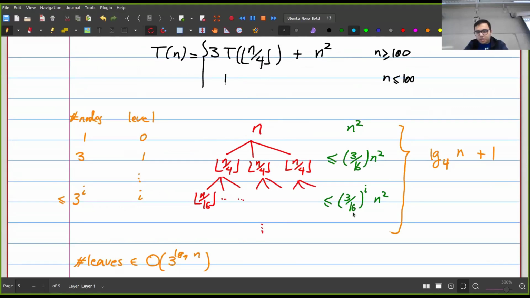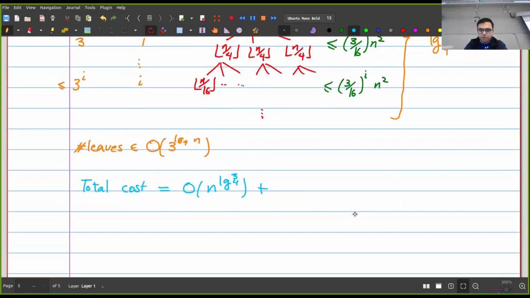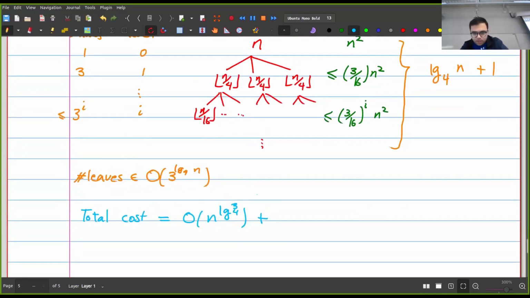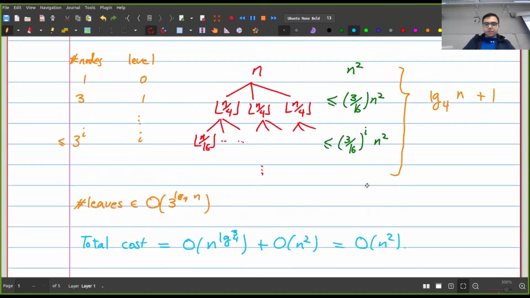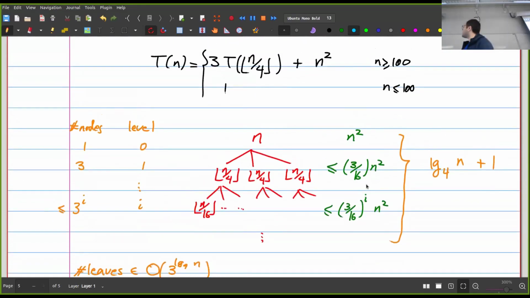And this sum, it's a finite sum, but I'm going to over-approximate it by the infinite sum, which is the geometric series sum. And so this is just plus O of n squared. And this is just O of n squared. Okay, so this one now doesn't need an induction to prove it because we were not really getting rid of any details at any point.